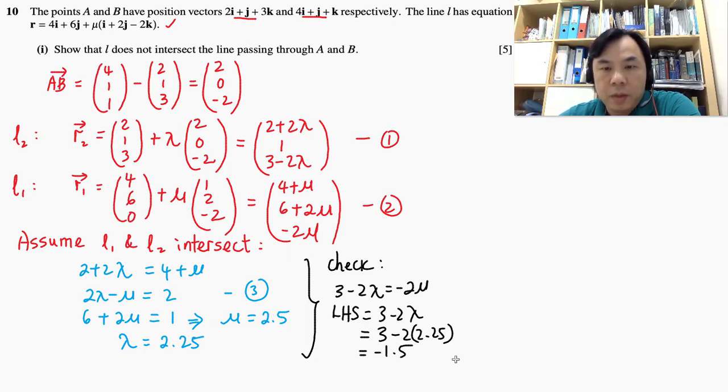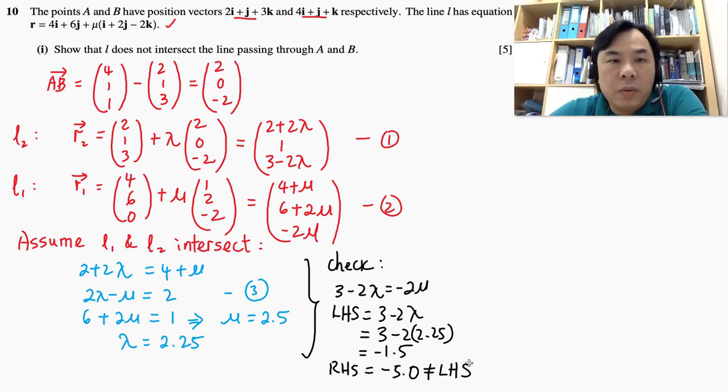On my right hand side, I can also check by substituting mu equal to 2.5, so my right hand side would yield a negative 5.0. Then you can see that this is definitely not the same as the numerical value we obtained from our left hand side expression.